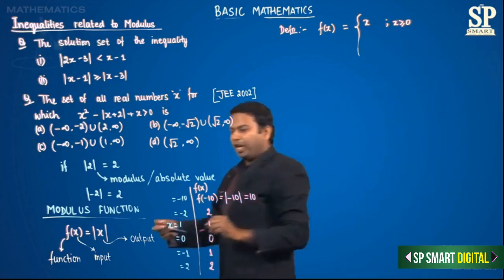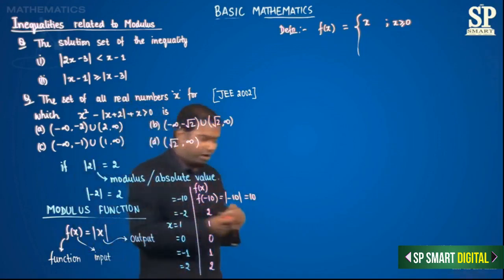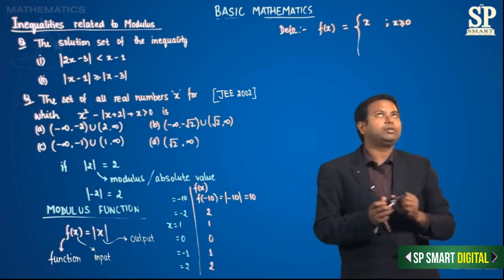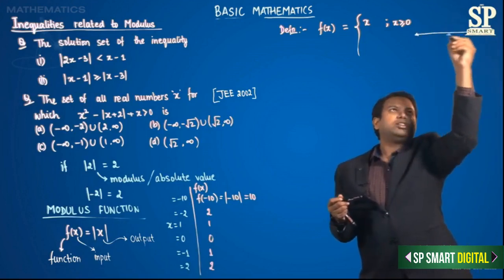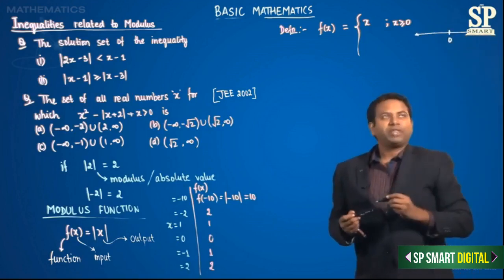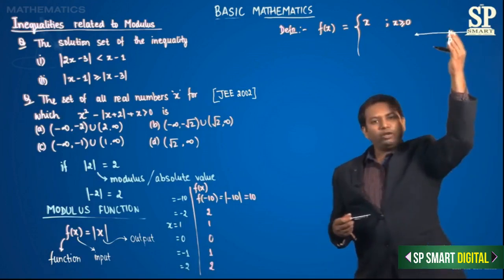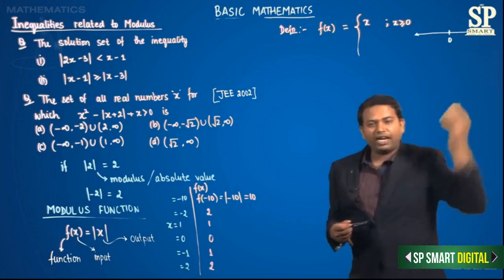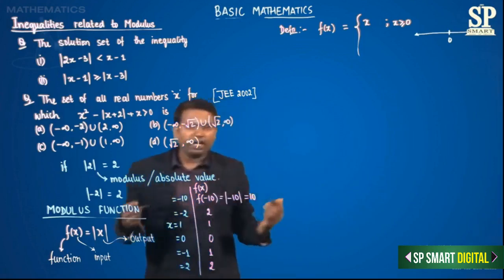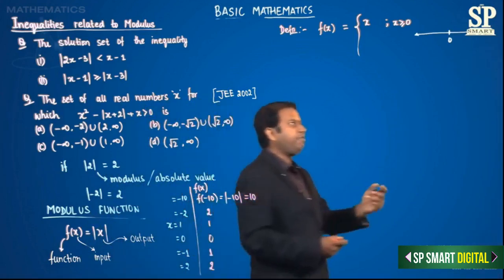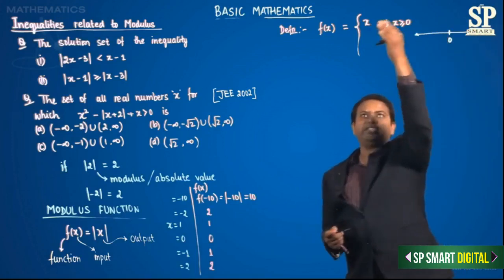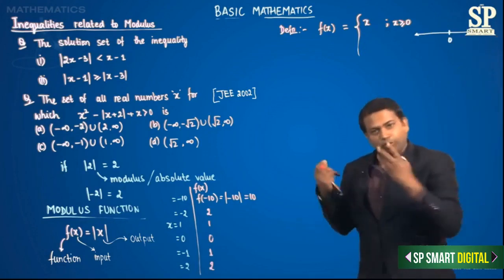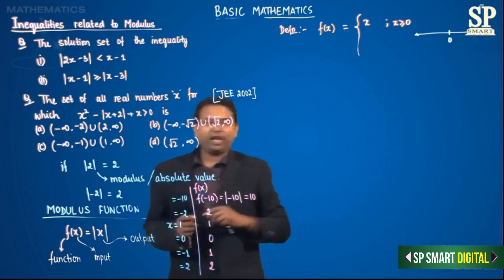If you take a number line, there is a value 0 here. All the values on the right hand side of 0 are not affected by this function. If we take the value 1, the answer is 1. If we take 2, the answer is 2. If we take, let us say, 1001, the answer is again 1001.